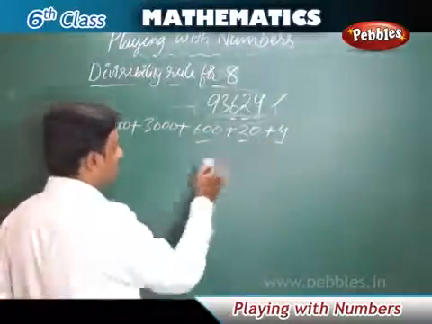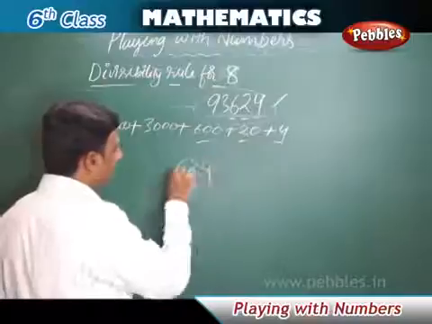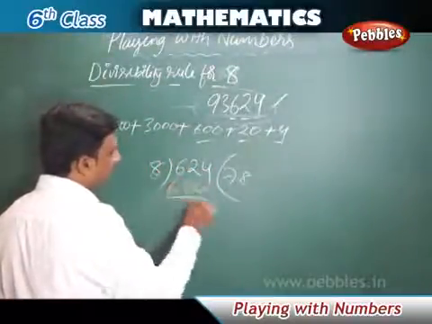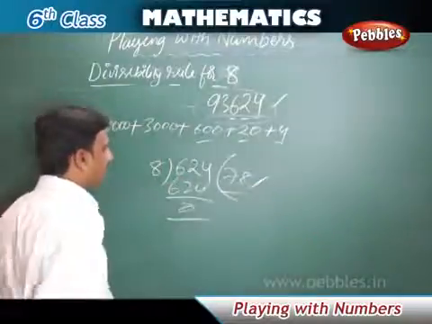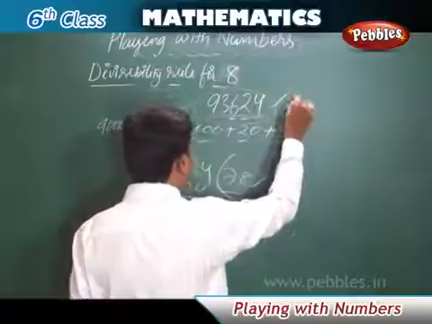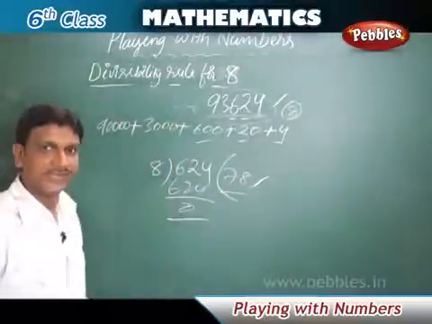It is divisible by 8, so the whole number, the complete number, is divisible by 8. So this is the divisibility rule for 8.